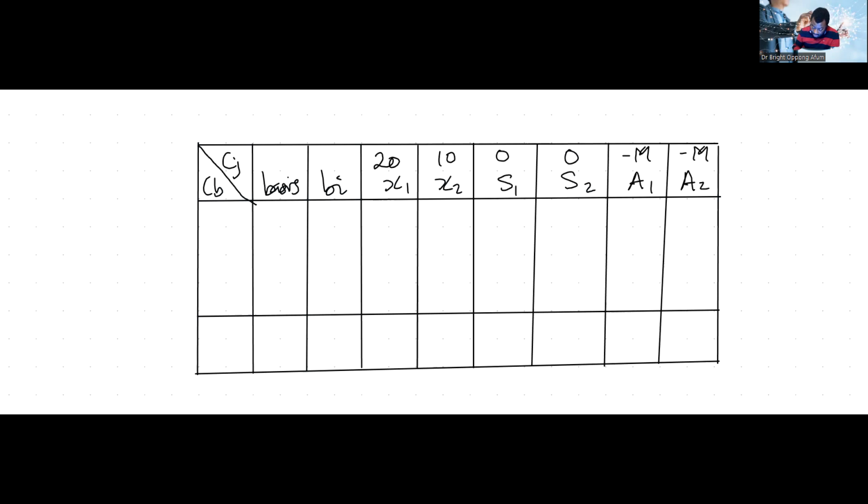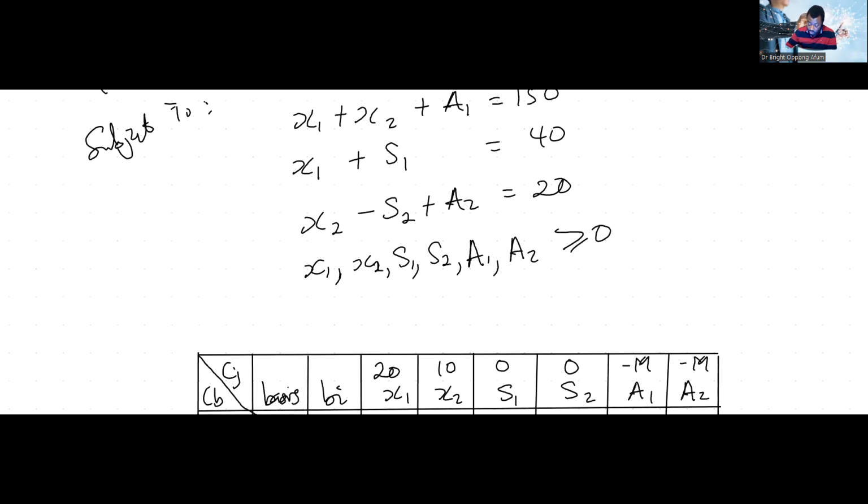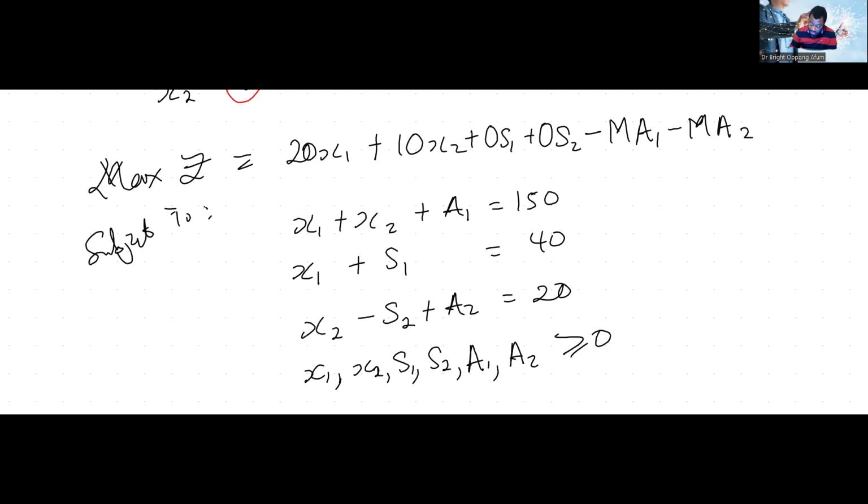Then here we have the Zj, then the Cj minus Zj. It's a maximization problem. And how do we get the initial solution here? We get it based on what we know already. For the first constraint, A1 comes into the solution. The second constraint, S1. And the third constraint, A2. So we have A1, S1, A2.